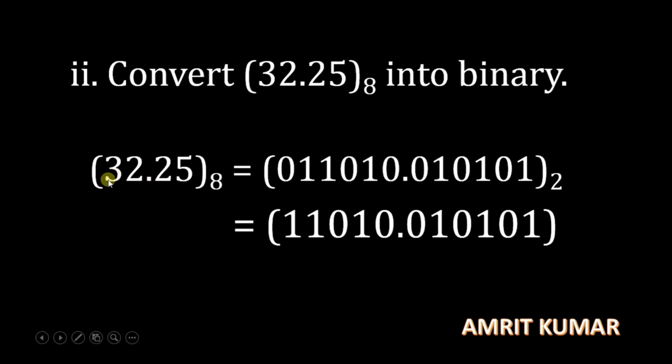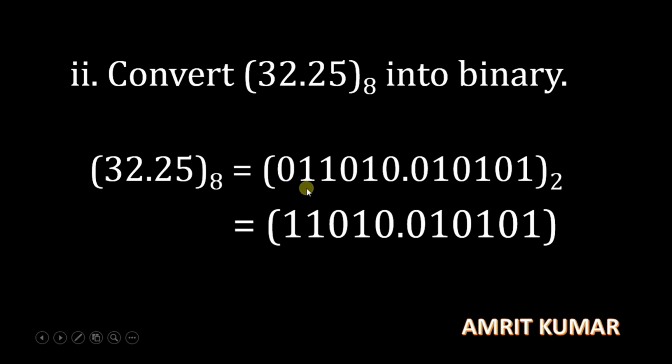In the same way, you have to represent this digit 3 in 3 bits. Because the rule says that you need to represent a digit of an octal by 3 bits, I am representing it in 3 bits, that is 110.